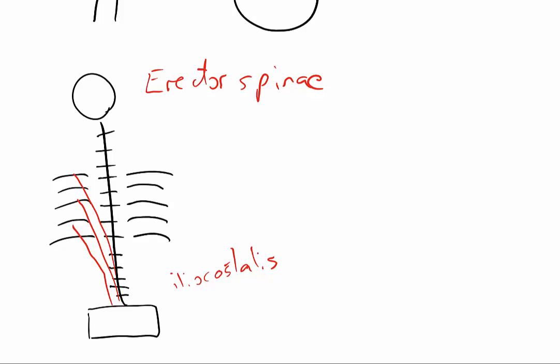The next set are these ones that go from the spinous processes out to the edge of the transverse processes. Those ones are quite long, so they get called longissimus. And then we have the third set, which go from spinous process to spinous process.